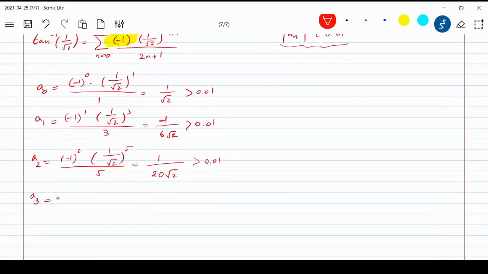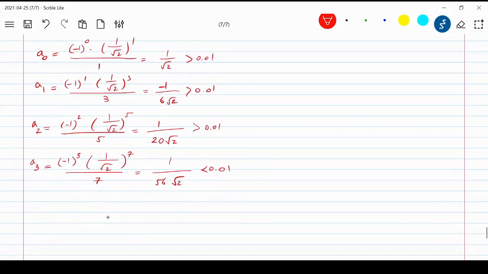And a3 would be (-1)^3, (1 over root 2)^7, divided by 7, and that is 1 over 56 root 2. Now this term is less than 0.01. So what I need to do is just add up a0, a1, and a2, because the next term is less than 0.01, so it doesn't really affect anything.